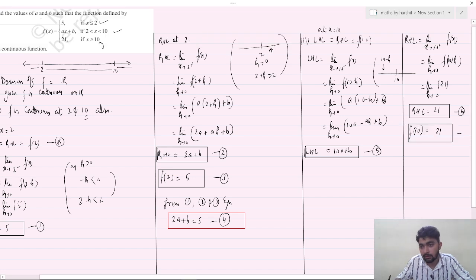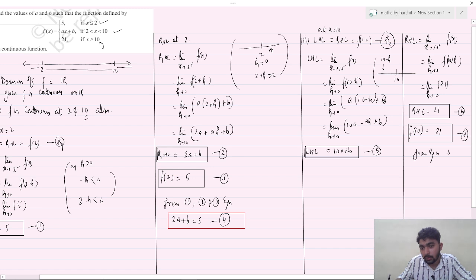This is the seventh equation. As the function is continuous at x equal to 10, this equation you can remember, this is your star 1, and this is your star 2.